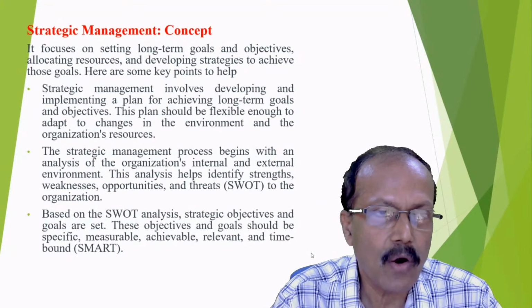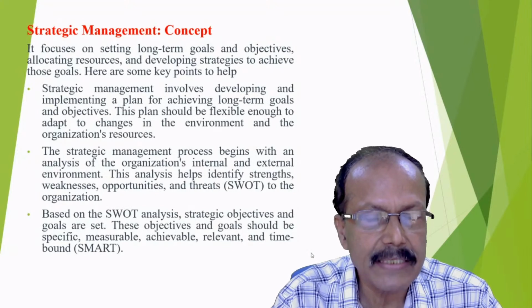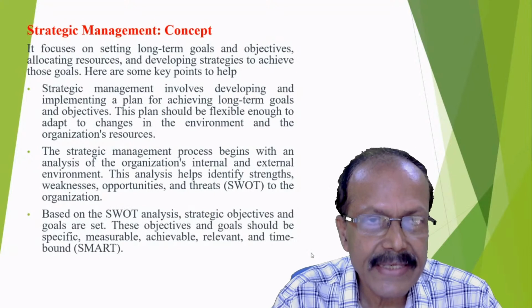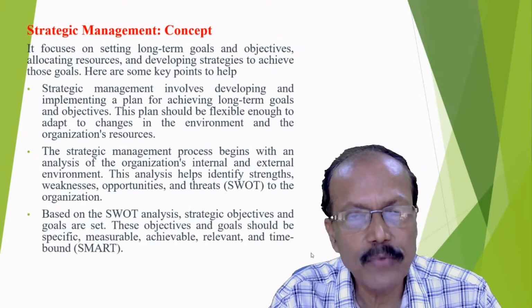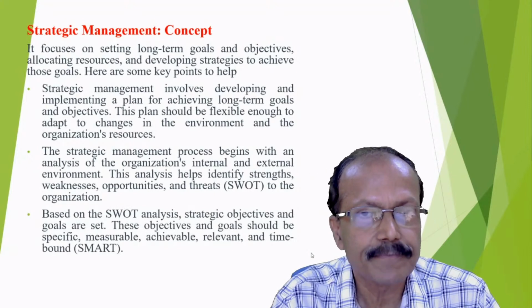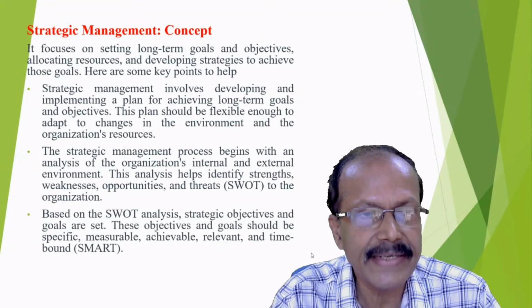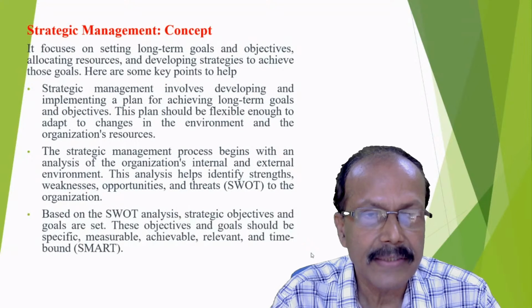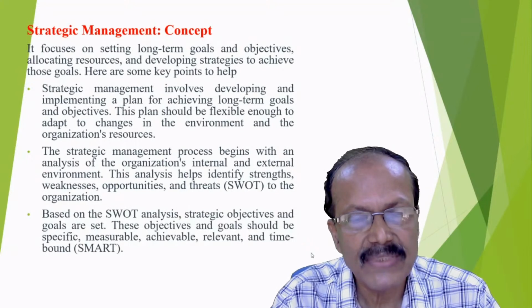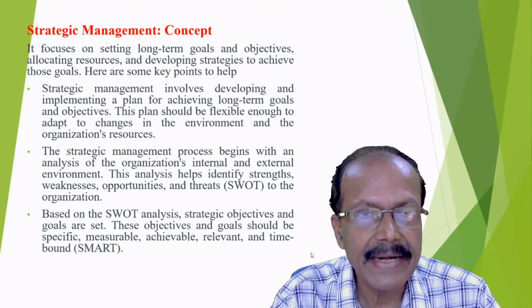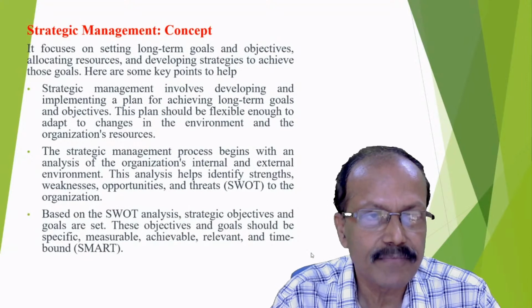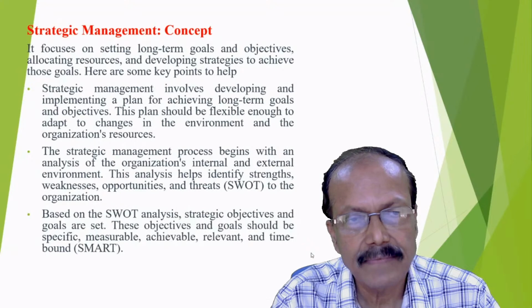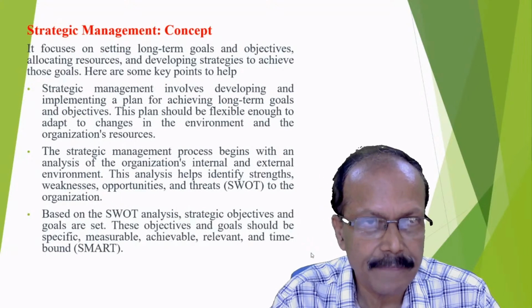With respect to the concept of strategic management, it focuses on setting long-term goals and objectives, and it also involves allocating resources, that is, in the budget that is prepared, and developing strategies to achieve these goals. Here are some of the key points.